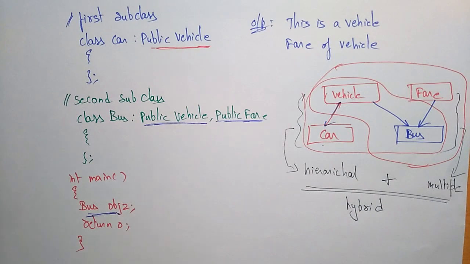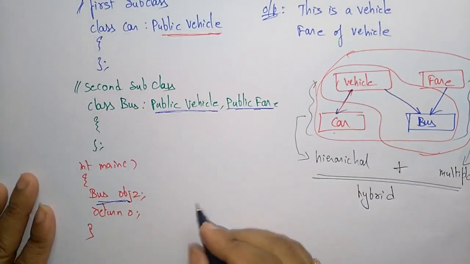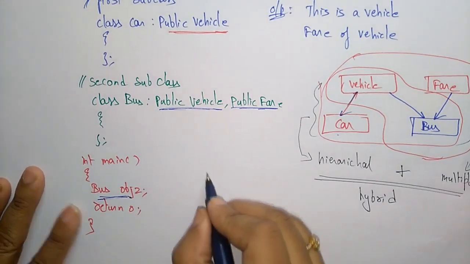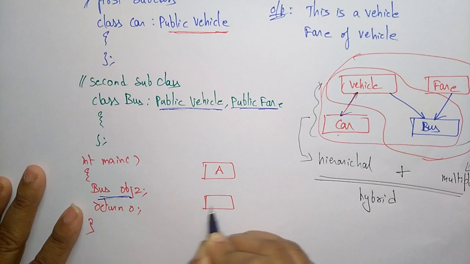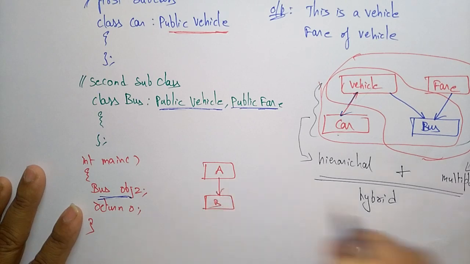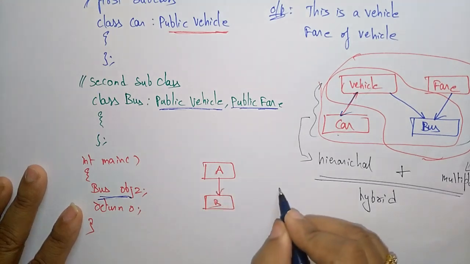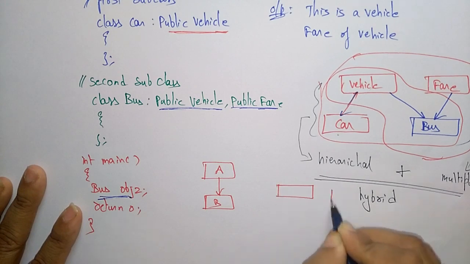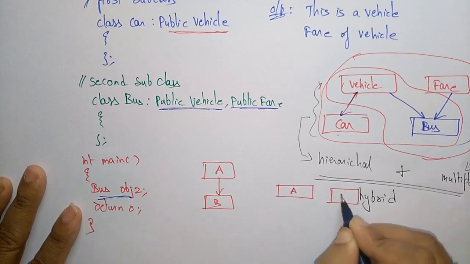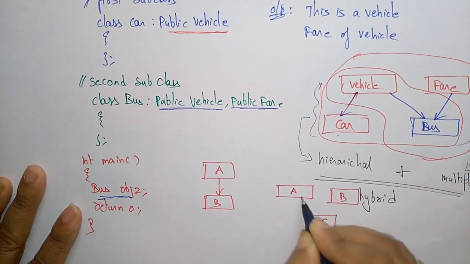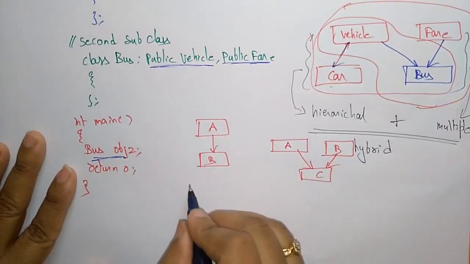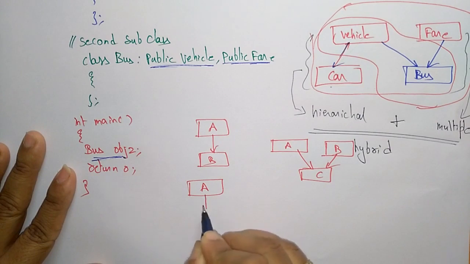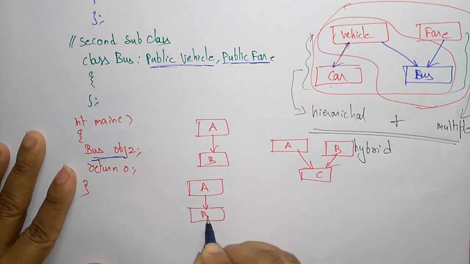Okay, so this is about the different types of inheritance. First is single. Single means A, B. Multiple means A, B, C. Next, multi-level means one class inherits the properties of another class.